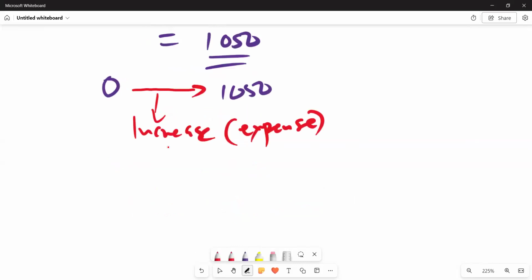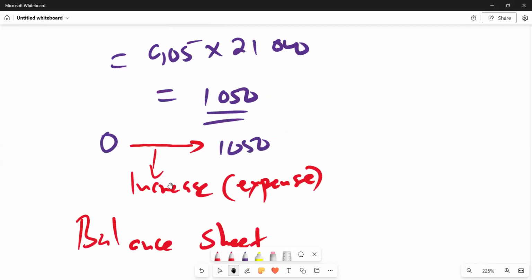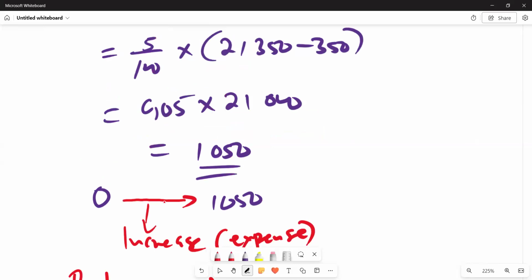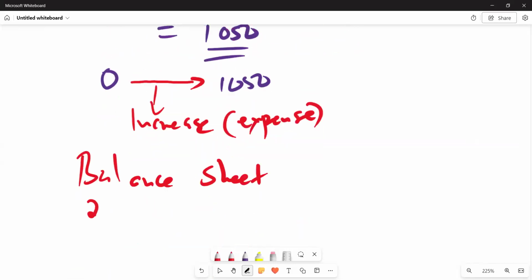In the statement of financial position, the net figure we got there, after reducing the further writing off of our credit losses, was 21,000. And then we subtract the current level of provision for credit loss, 1,050. So the figure going to the balance sheet will be 21,000 minus 1,050.